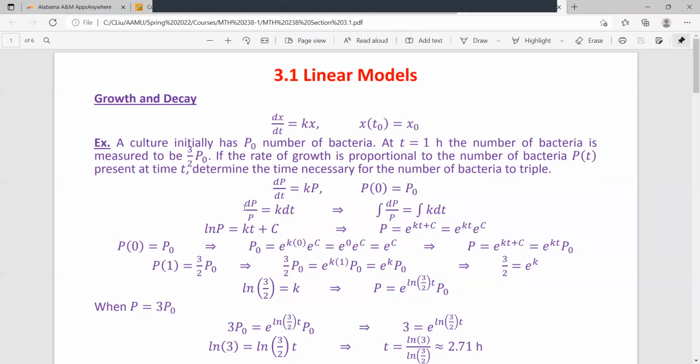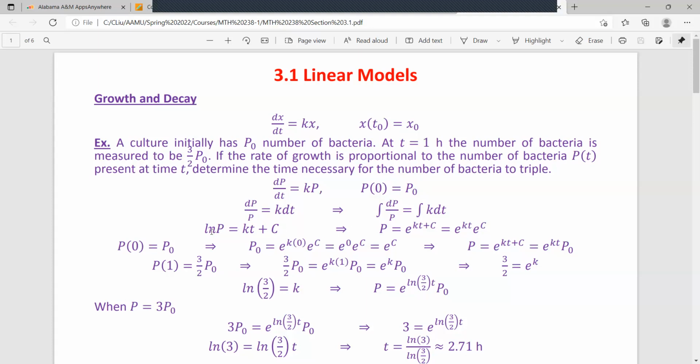We can rewrite the differential equation as dP over P equals k dt in differential form. The original equation was in derivative form. Then you just integrate on both sides to get ln P equals kt plus some arbitrary constant C.